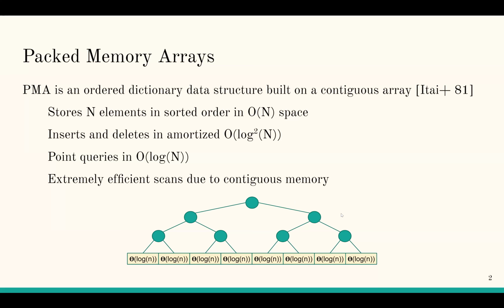We will often think of the PMA logically as this binary tree, where each leaf of the PMA controls roughly log n cells. So we have a tree of height roughly log n with n over log n leaves. However, all of the memory is stored continuously, and it is just this logical tree.